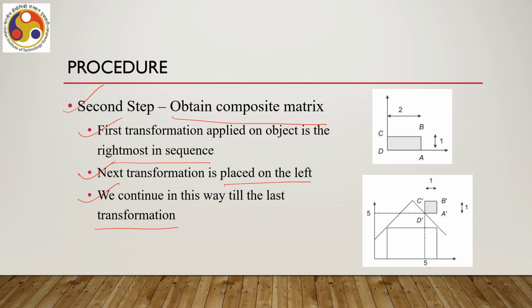Whatever is the first transformation, we put it on the right hand side, that is T1. Then the next transformation is placed on the left of this transformation. So, if the next one is T2, then we put it in this way. So, it is a right to left arrangement of transformations that are applied.